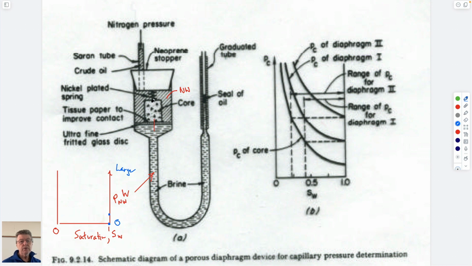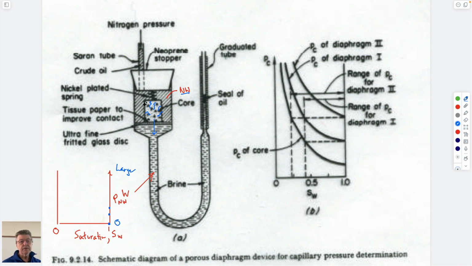If the largest pore that's present in here is too small for the other fluid to go into it, nothing will go into it. So if you increase the pressure some more, maybe at this point some of this blue fluid, let's call it blue fluid, will invade it. And if it invades it, the only place for the water to go is into the brine below it.